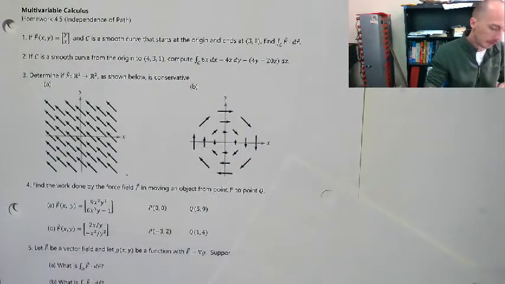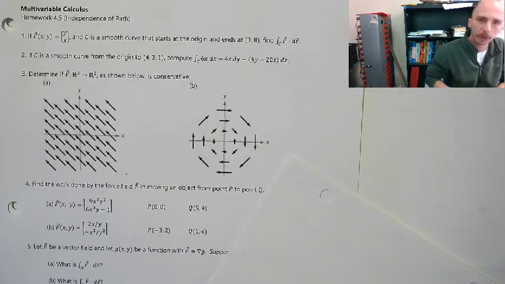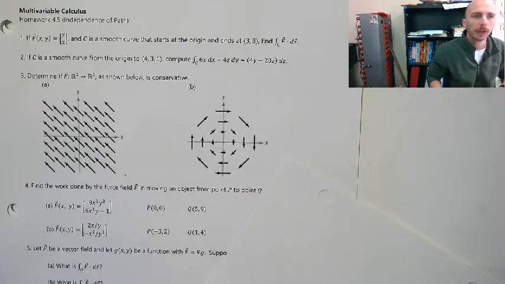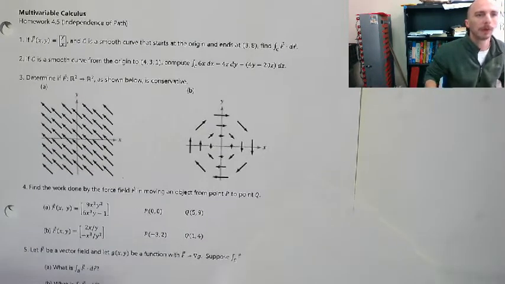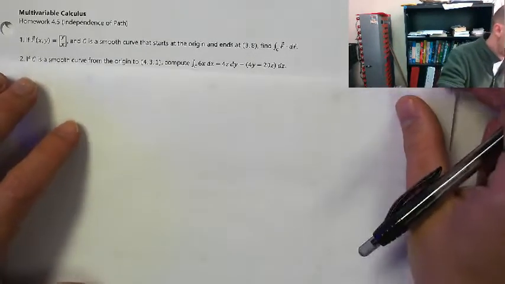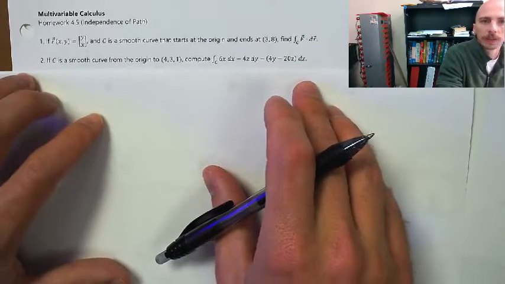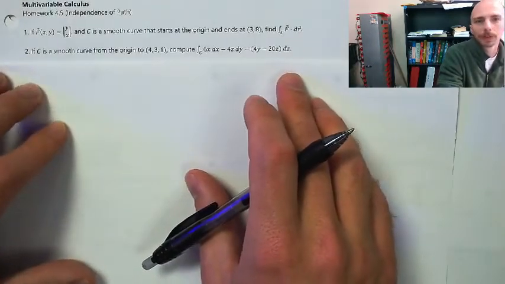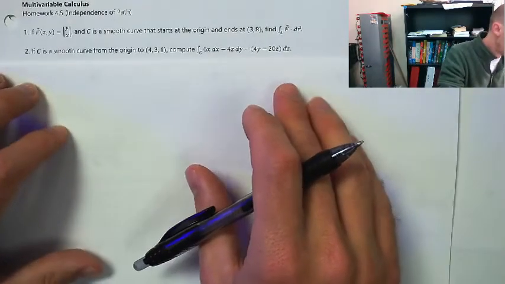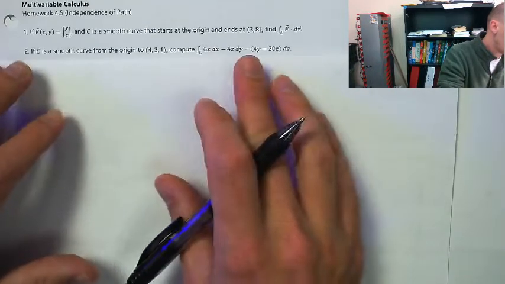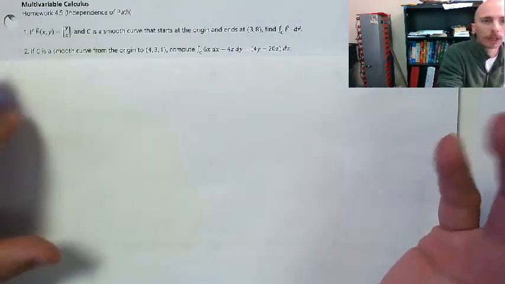Now, this second one bumps up the difficulty a little bit. We're going to start at the origin and go to the point (4, 3, 1), but we aren't given f, basically. So what we're going to need to do is identify what our function is that we're integrating.